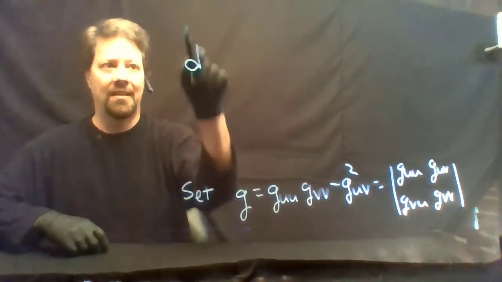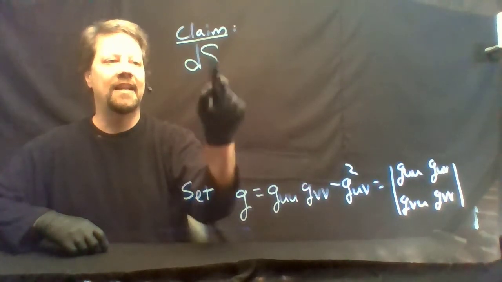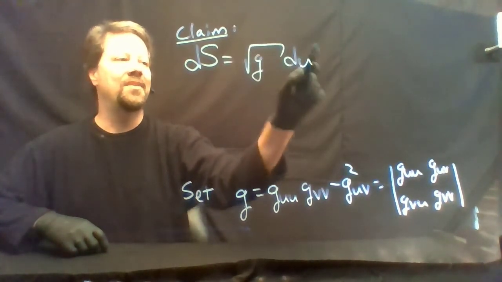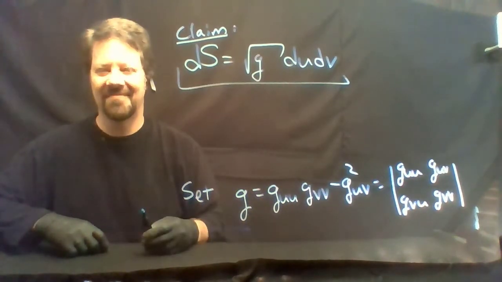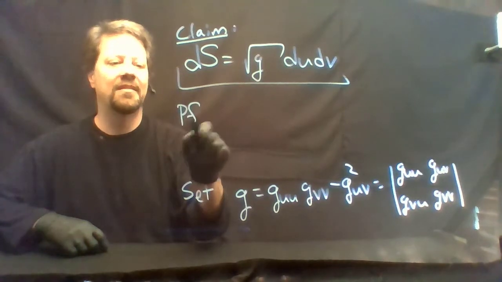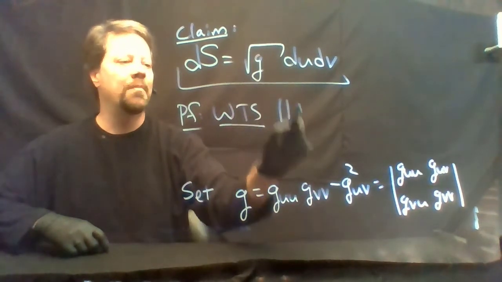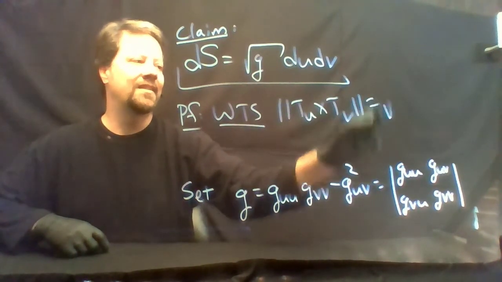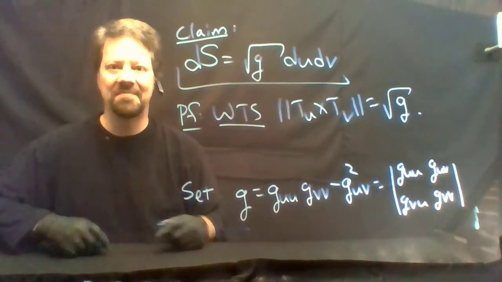It turns out, I'll make the claim, that the element of surface area is the square root of g du dv. To prove this claim, we will want to show that the norm of Tu cross Tv is the square root of g, and we'll do that.